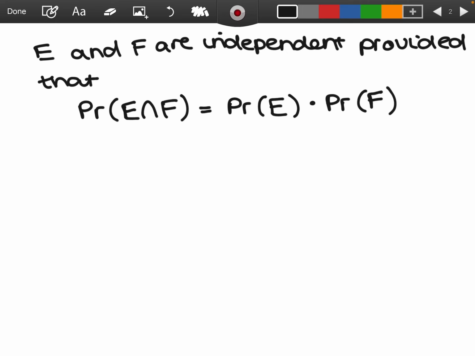So the probability of the intersection of events is just going to be the multiplication of the probability of the event E and the probability of the event F. Where does this come from?